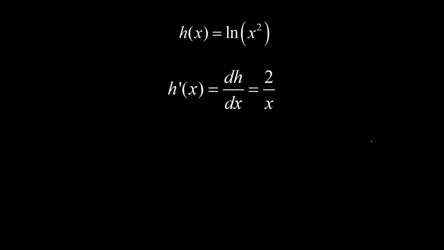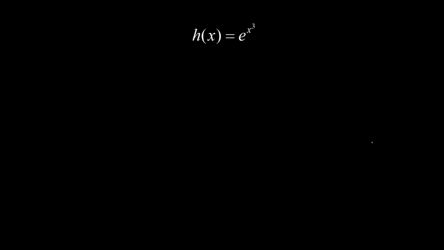Let's check out another one. e to the x cubed. Now, the first thing you want to ask is, is there a function inside a function? Because that's what a composite is. You need to be able to recognize when a composite is happening so you know to use the chain rule.